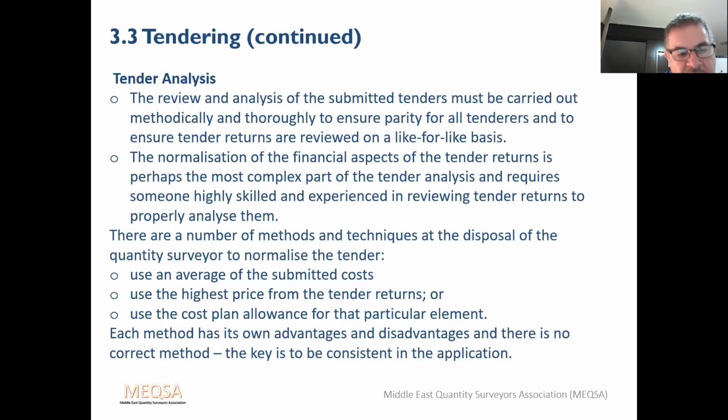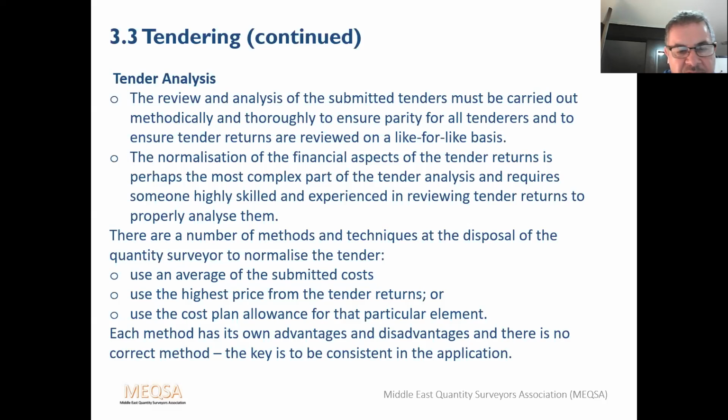So basically, the QS team, under supervision of an experienced senior QS, will check all the calculations are correct. But then after that, they'll analyse, probably on an elemental basis, to see how closely it matches any pre-tender estimate. They'll check for consistency.